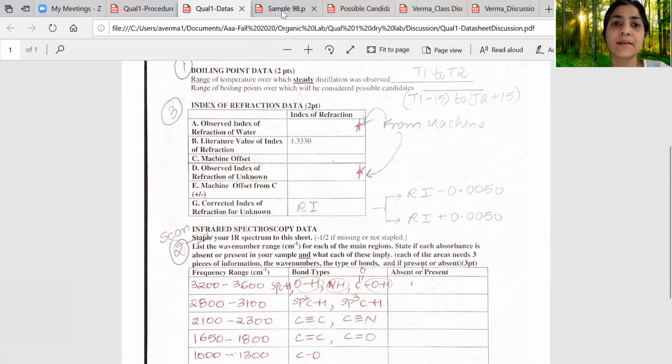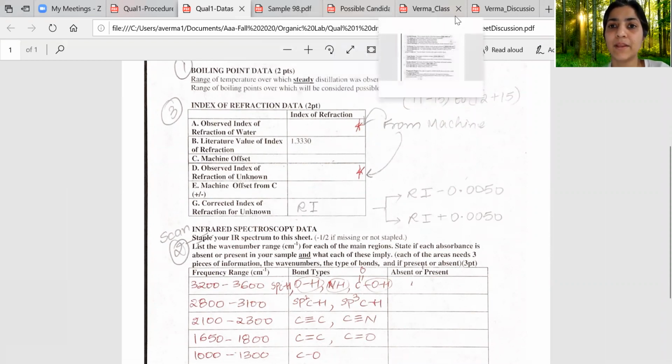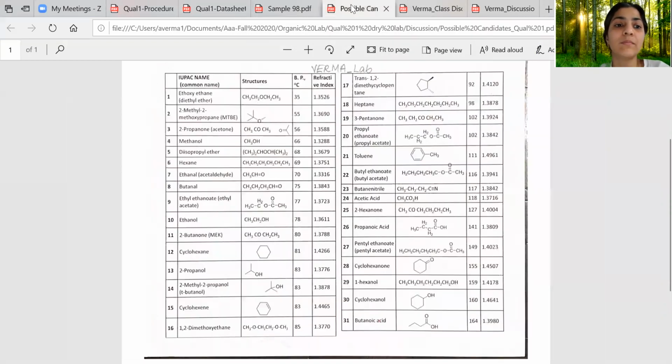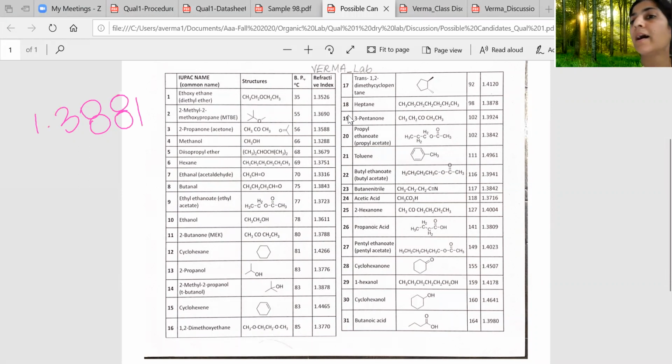Let's say hypothetically, I get my value as 1.3881. Then I do a minus of 0.0050.